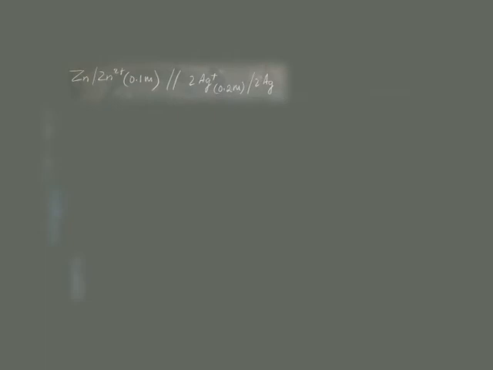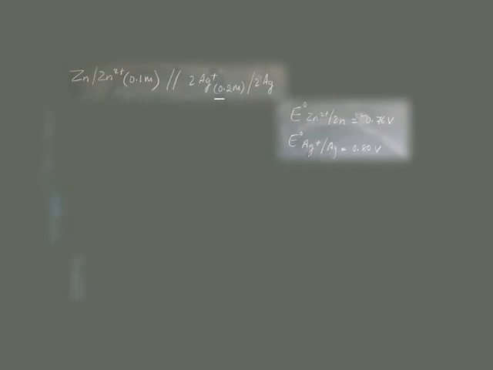This is the information given in the question, and we also have the standard reduction potential of zinc equals negative 0.76 volt, and the standard reduction potential for silver equals 0.80 volt.